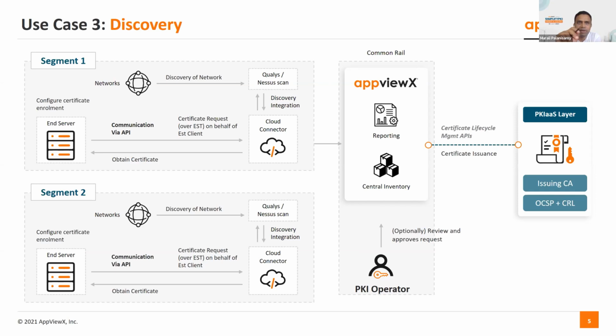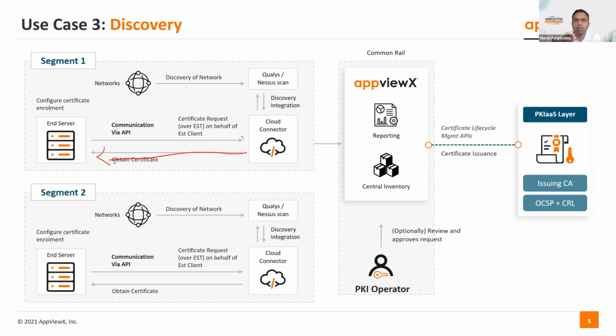Now, from a discovery perspective, it gives the visibility. From the enrollment perspective, it provides the automation. This enrollment could be through a standard-based protocol or even through a plugin or an API-based capability, which is a push model, right? There is a pull model and a push model. In the push model, you don't have to talk to every device on the network.